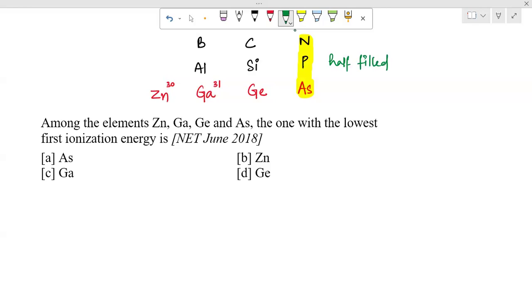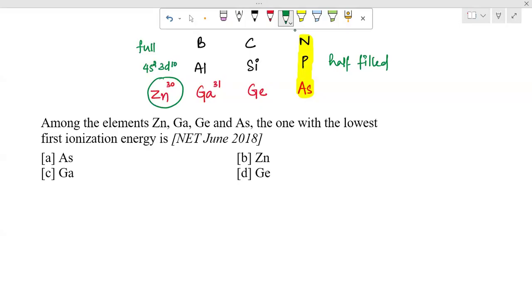So that is not going to be the lowest. Zinc, whose d orbital is already full. You know the configuration is 4s2 3d10. It's fully filled. So it's not zinc. It's not arsenic. So it's either gallium or germanium.